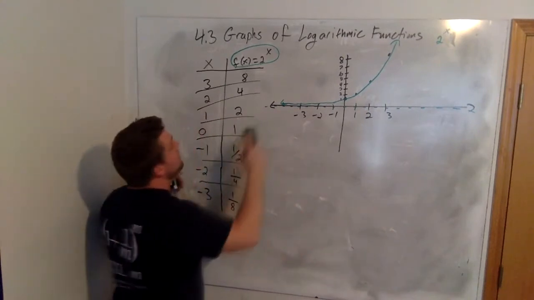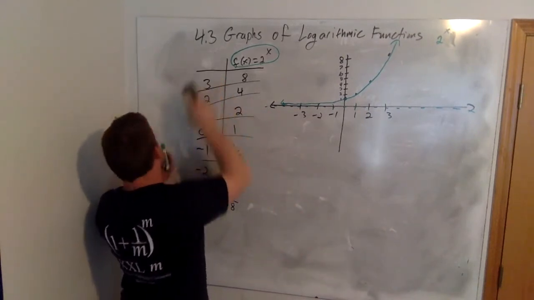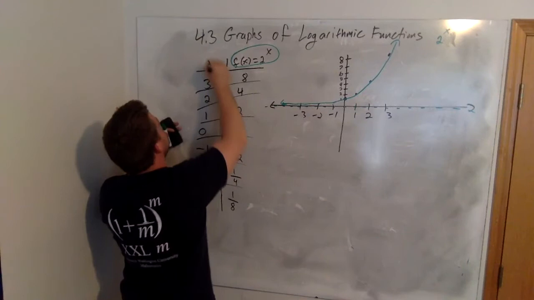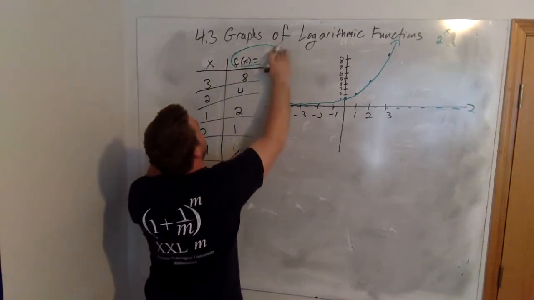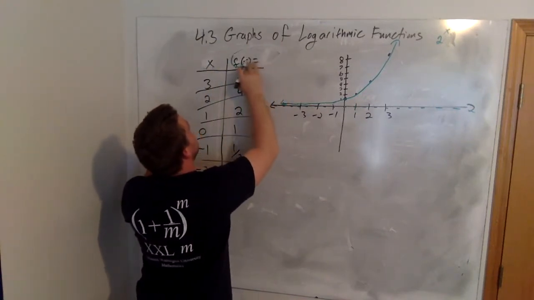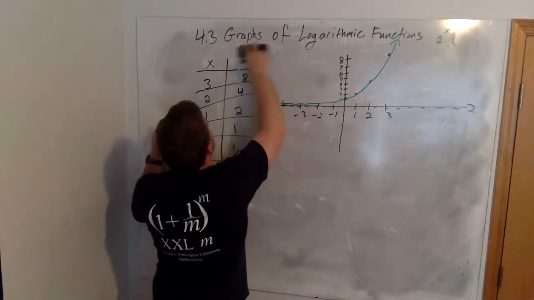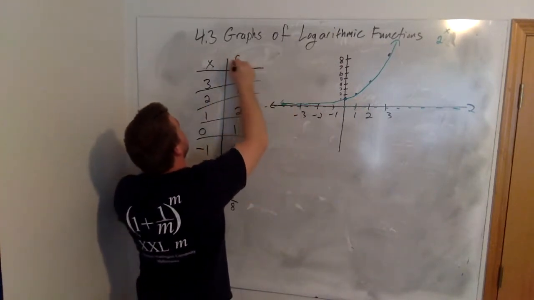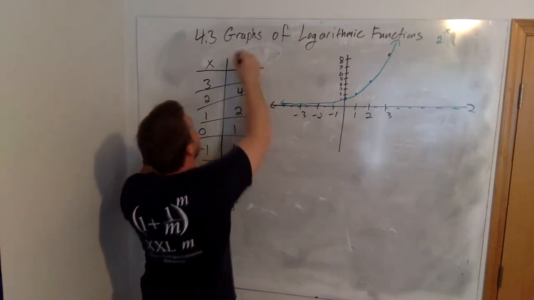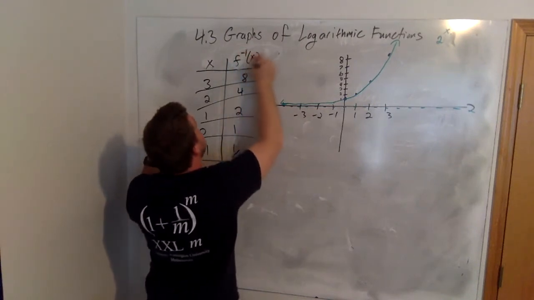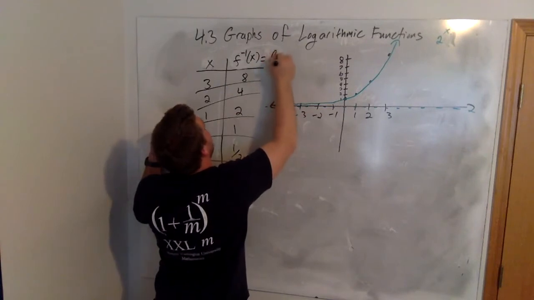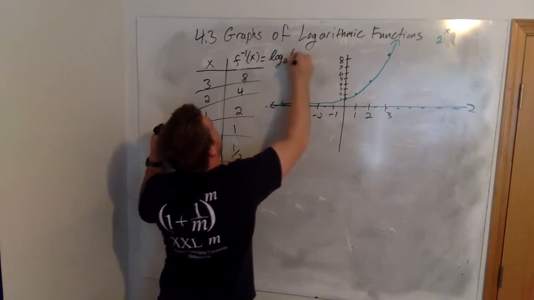Well, what we want to plot now for the inverse is, let's plug in x. But now we want to graph what would be the inverse function. The inverse of an exponential, the inverse of 2 to the x, we have denoted as log base 2 of x.